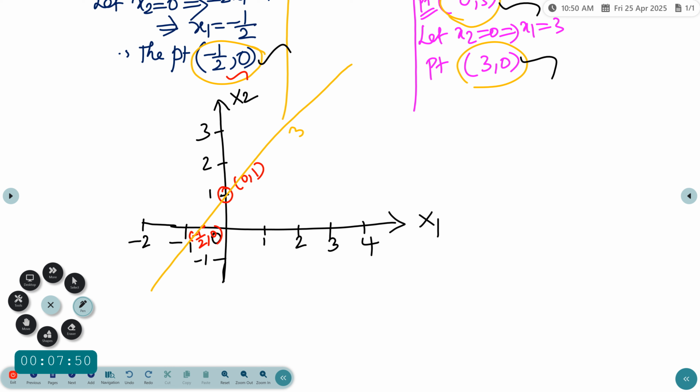Simultaneously, write the equation here. Minus 2x1 plus x2 less than or equal to 1. And then our second constraint is x1 equal to 2.